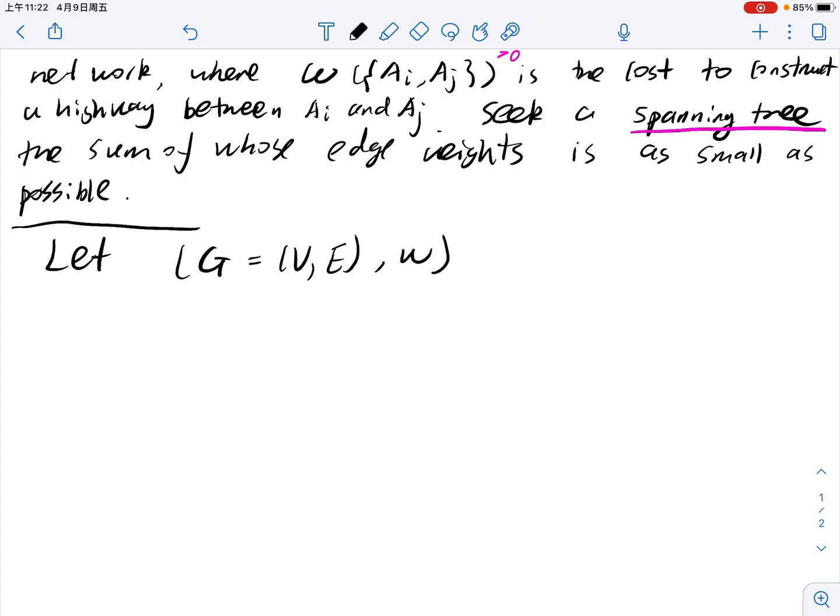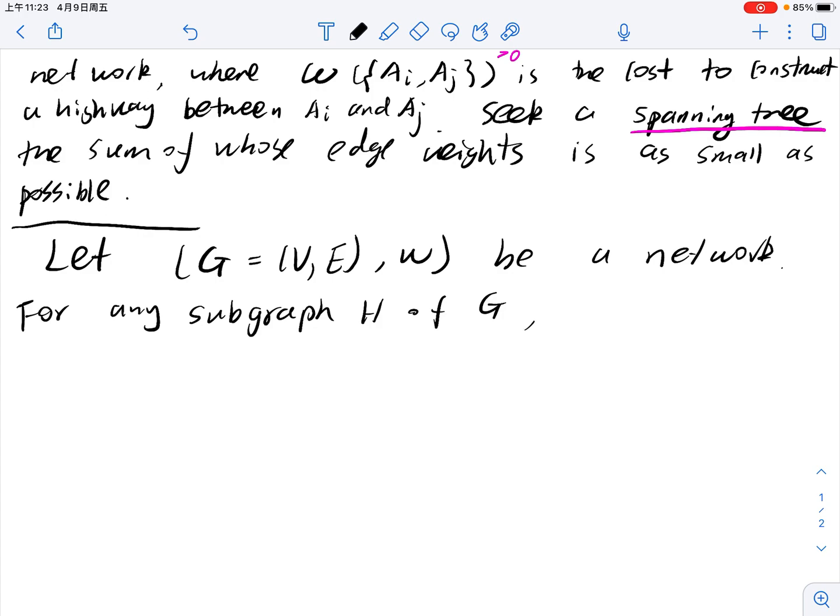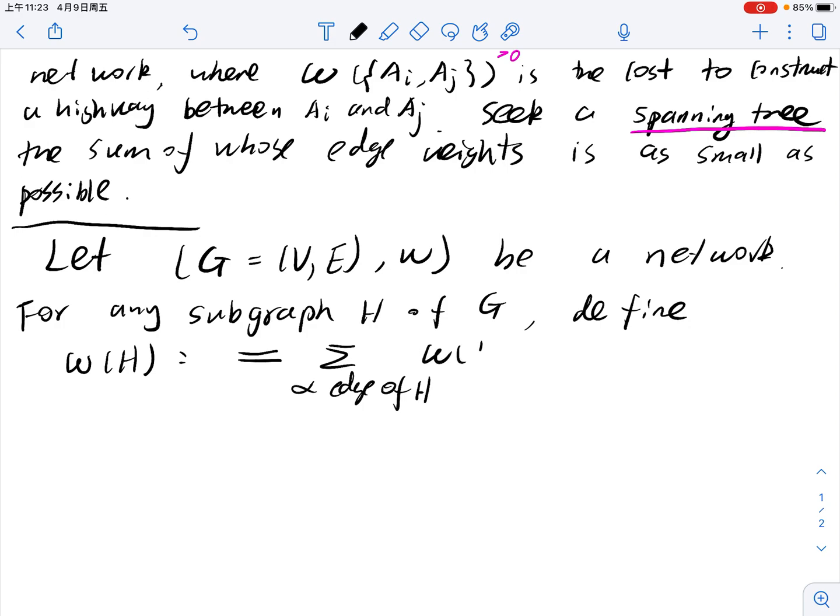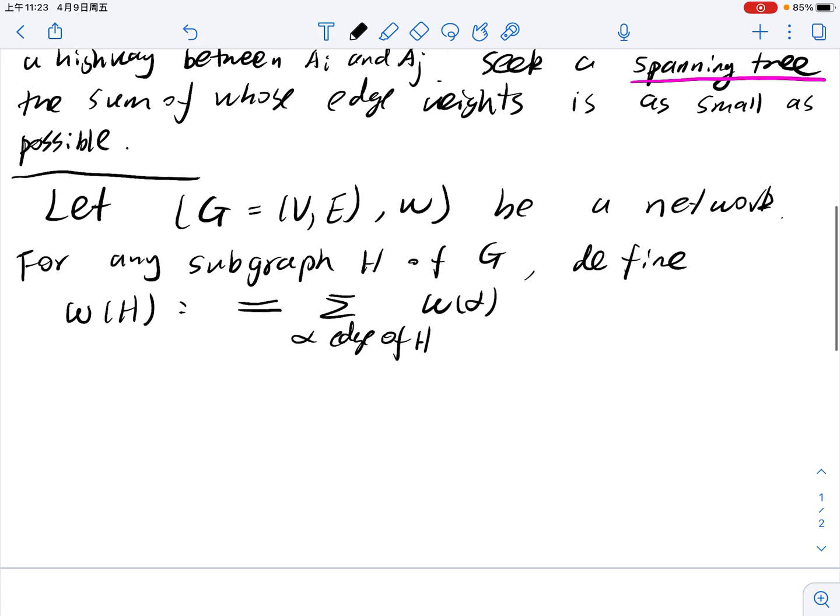So let (G, omega) be a network, and for any subgraph H of G, define the weight of the subgraph, just a summation of the weight of each edge.